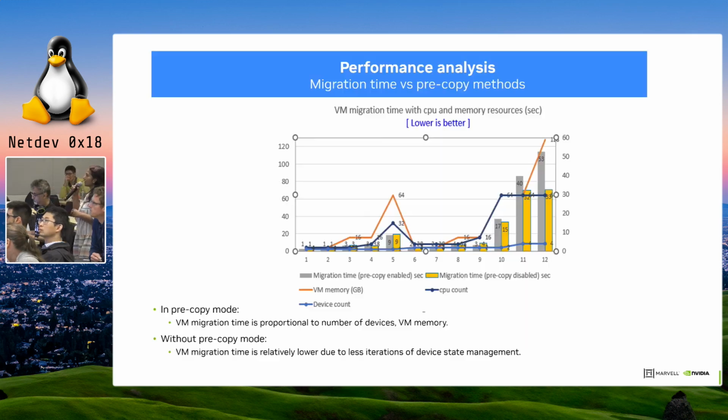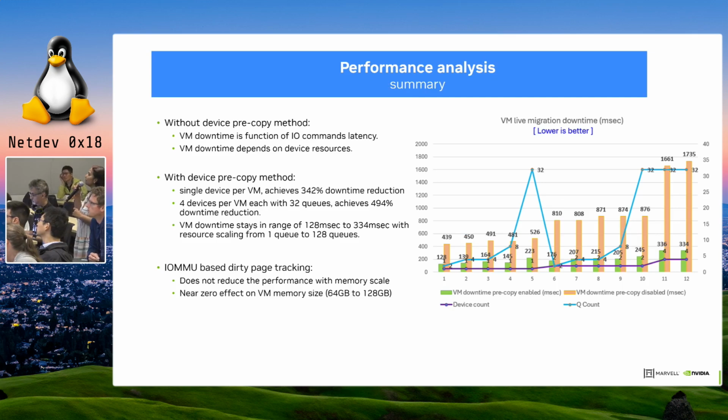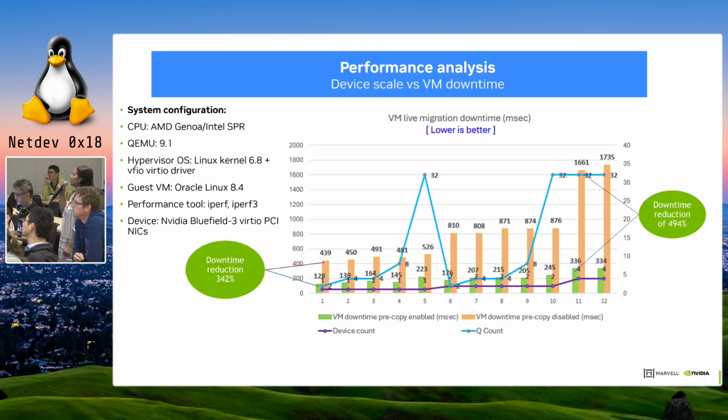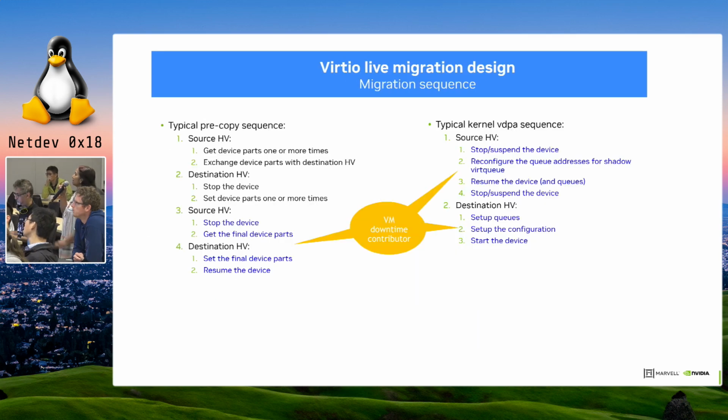I don't remember the slide, but maybe a couple more back. All right, here. So set up queues and that part, I think it can be further optimized to do it not in downtime.